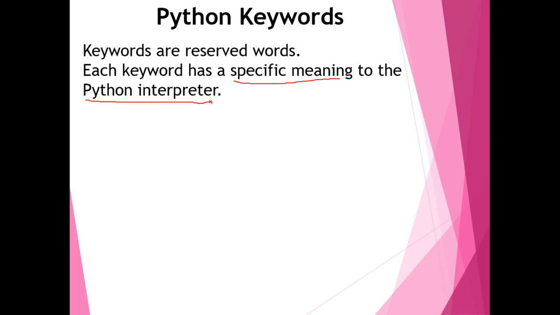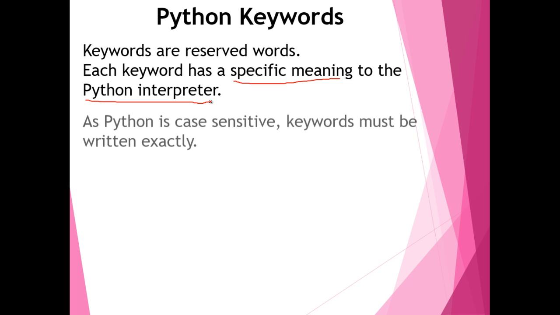Whenever the Python interpreter sees a keyword in the program, it knows what kind of work to do when this keyword is written. So it means that every keyword has its own specific task associated with that word.